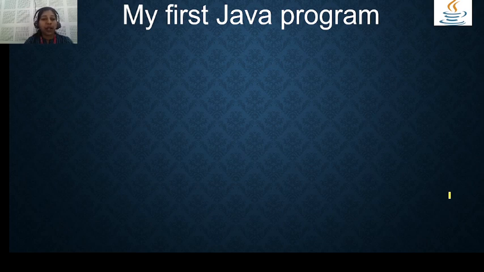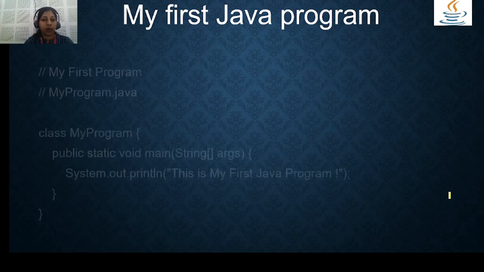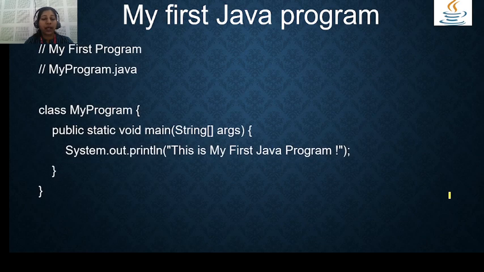So let's get started with our first Java program. How will it look? This is what I am showing you, a simple and basic Java program. These two lines, my first program and myprogram.java, have a double forward slash in the beginning.